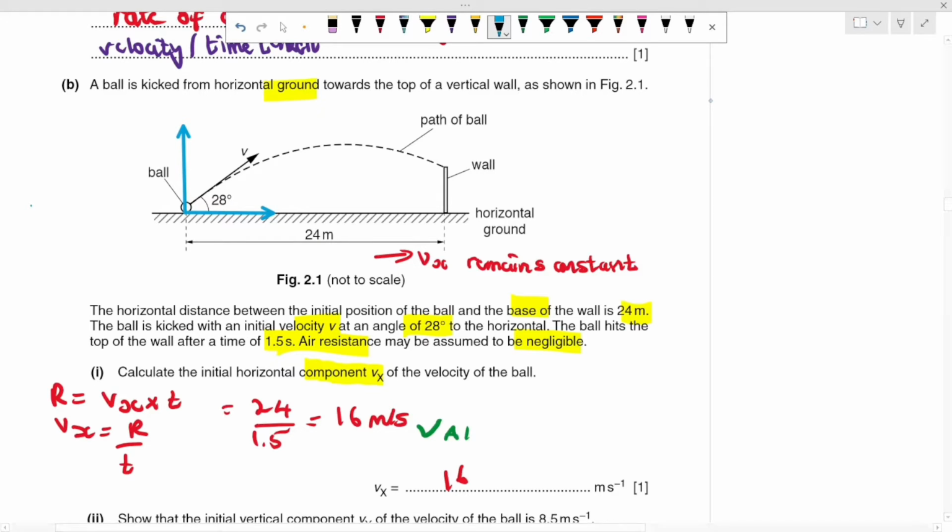We have 28 degrees, and we know that this is 16, right? And then we basically know that this is our adjacent, right? This is our angle theta, this is our adjacent, and then we know that this is our opposite, right? Why is it our opposite? Because it's opposite to this angle of 28 degrees, right?